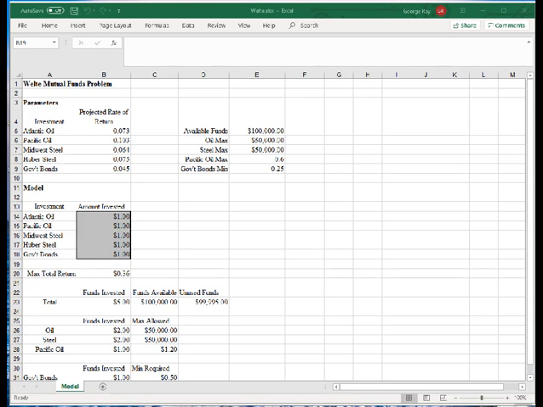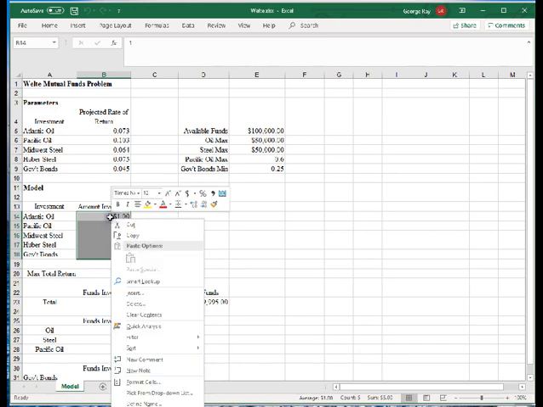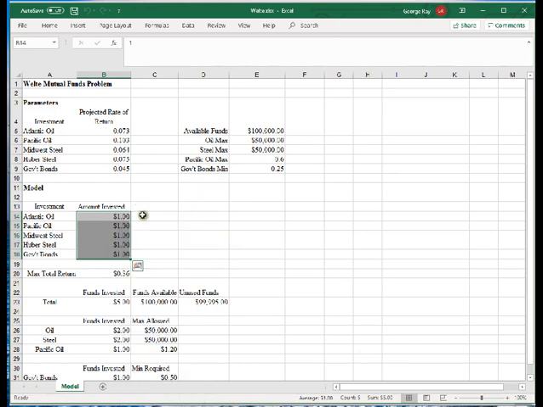So we've got our projected rate of return for each one of our investments. Then we have the quantity that we're investing in each one of the investments. We'll leave it as dollars.